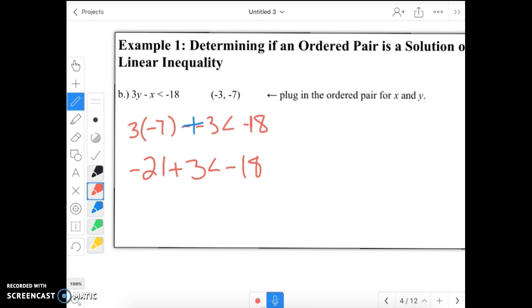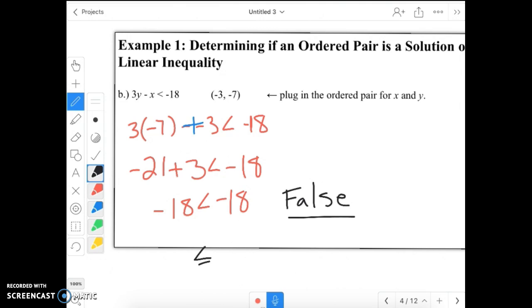Negative 21 plus 3 is negative 18, and this statement is false. Negative 18 is not less than itself. If it were less than or equal to, then that would be true. However, since we don't have that bar underneath to add the stipulation of equal to, this one would not work out for us. So the statement would be false.